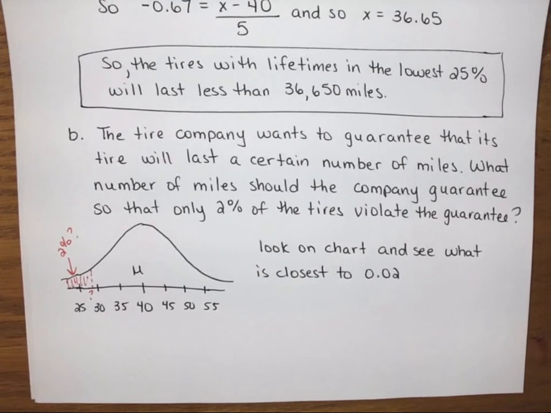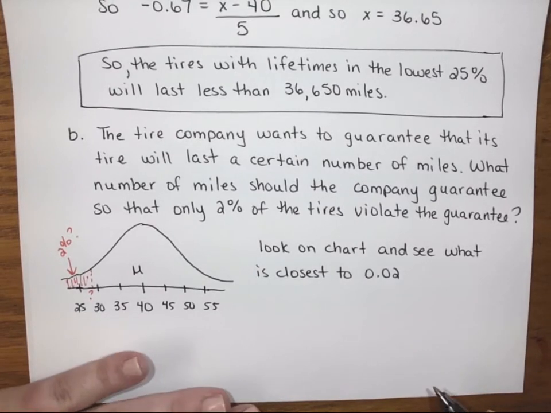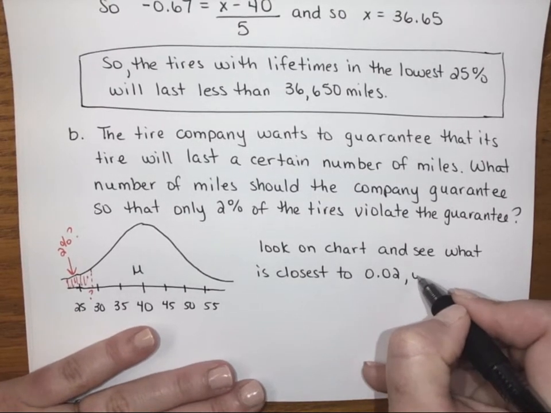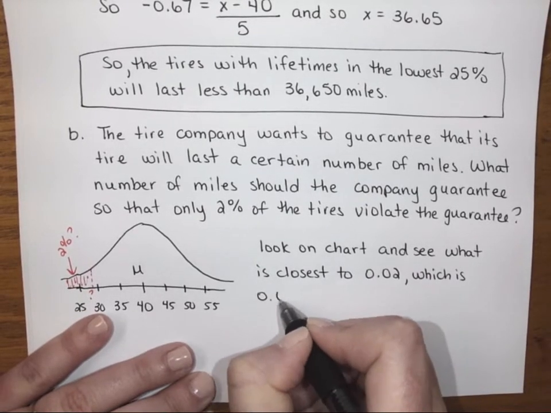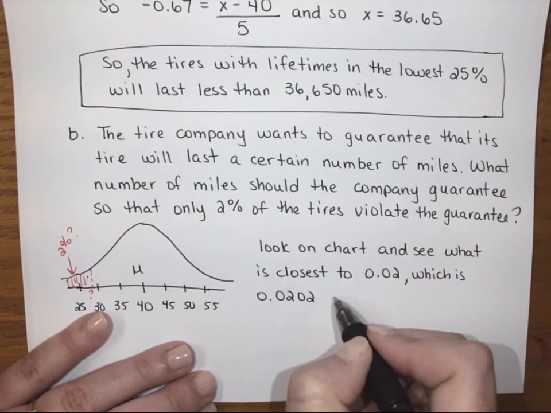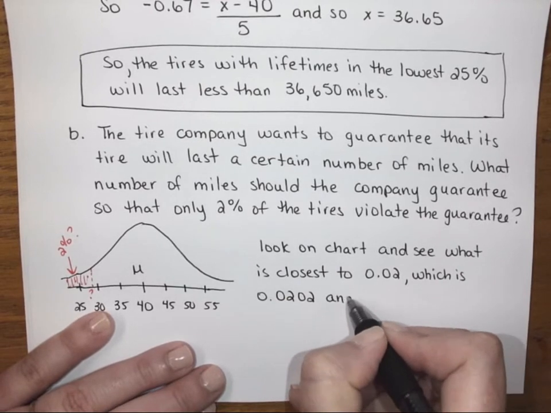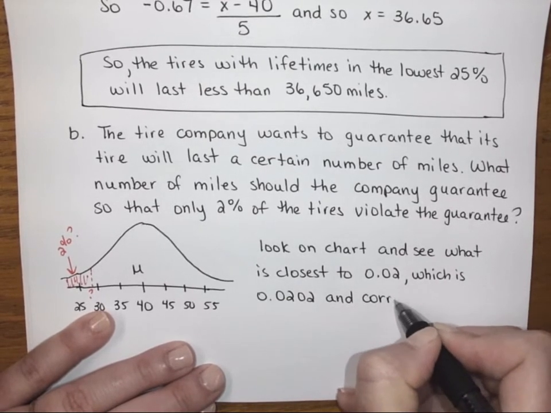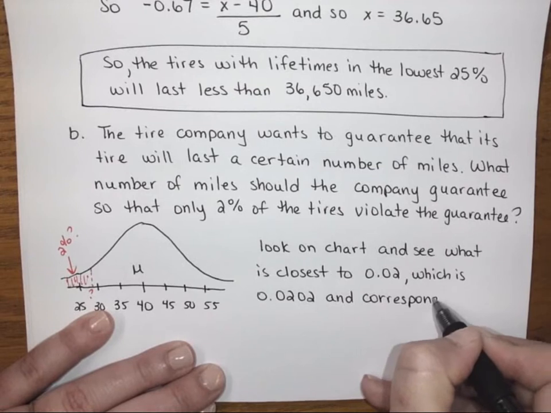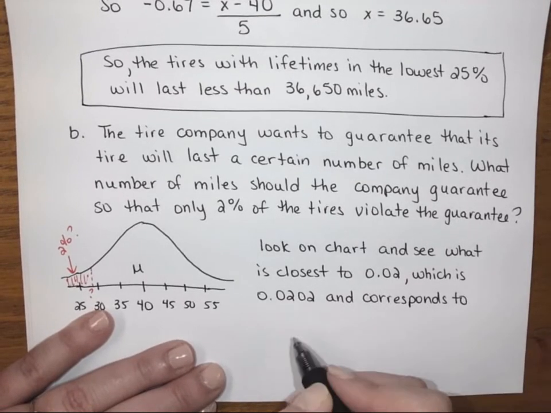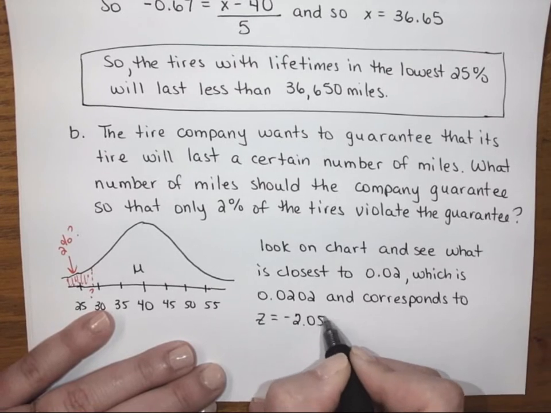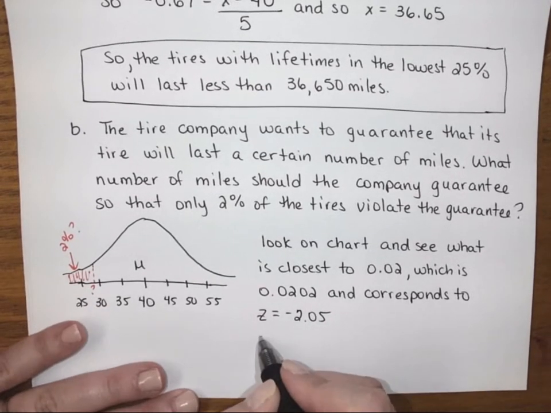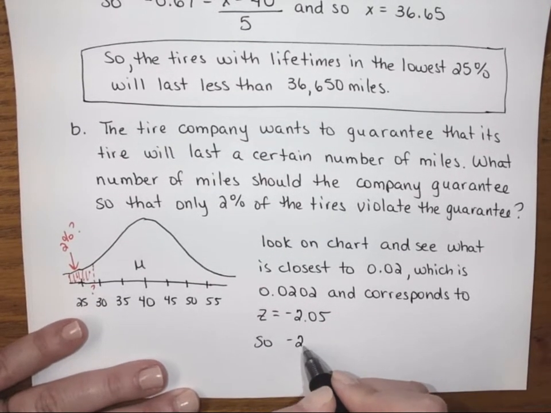Okay, and the thing that is closest to 0.02 is 0.0202. And that corresponds to z equals negative 2.05.